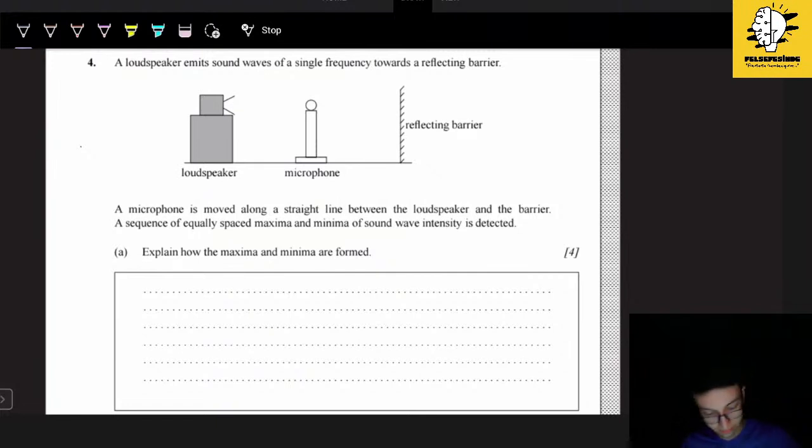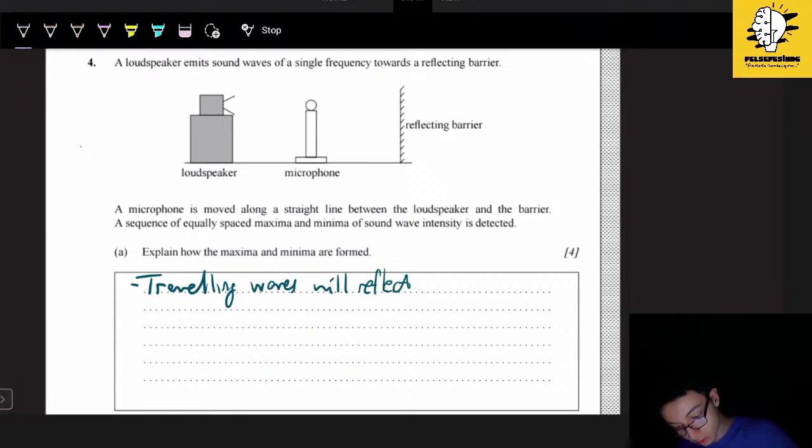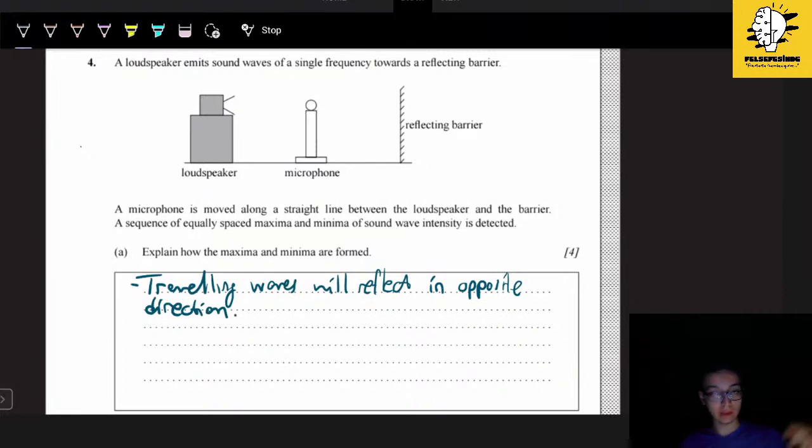So first thing, traveling waves will reflect in the opposite direction, meaning that our original wave comes here, then reflects and has an opposite direction due to the reflecting barrier.